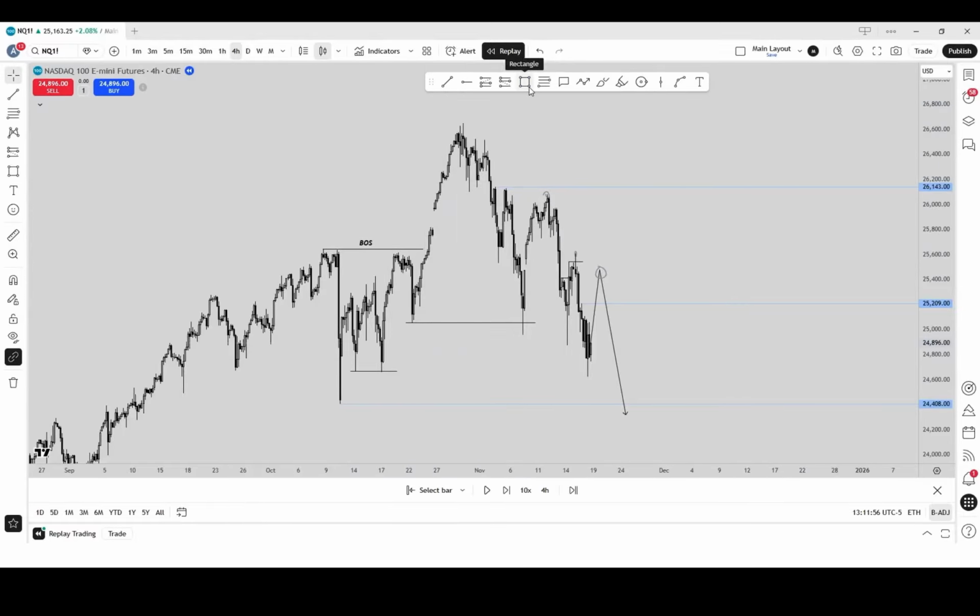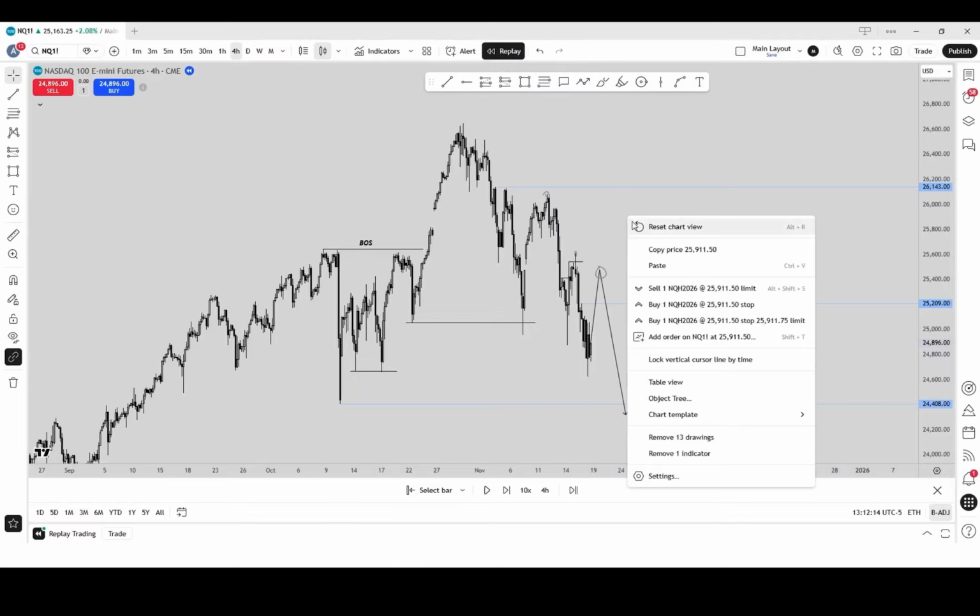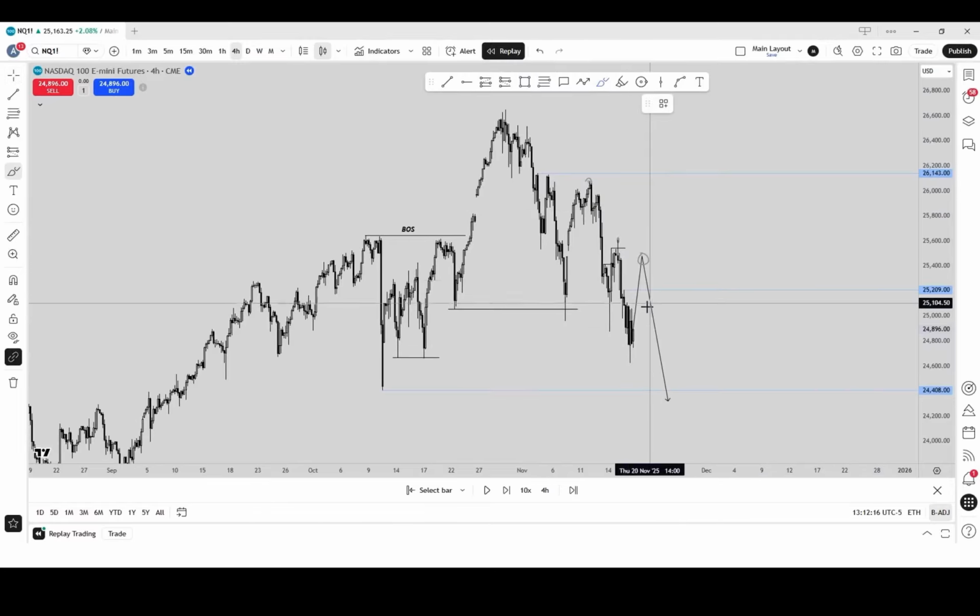Now there's also another thing you guys have to take note of, right? Just because we've induced buyers, it does not mean it needs to come for that low. Because we all know the market can leave liquidity. So, for example, why did we have this move up? What's the reason?